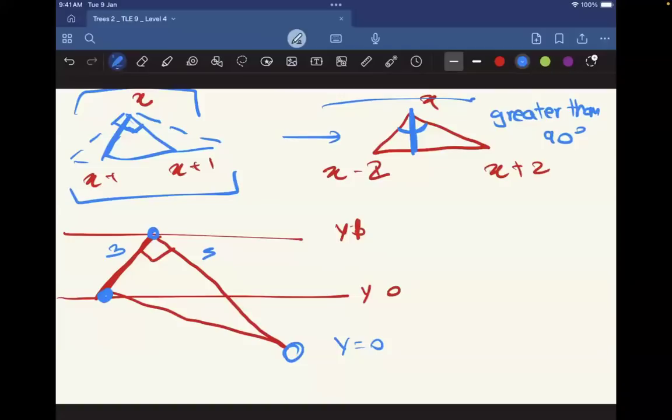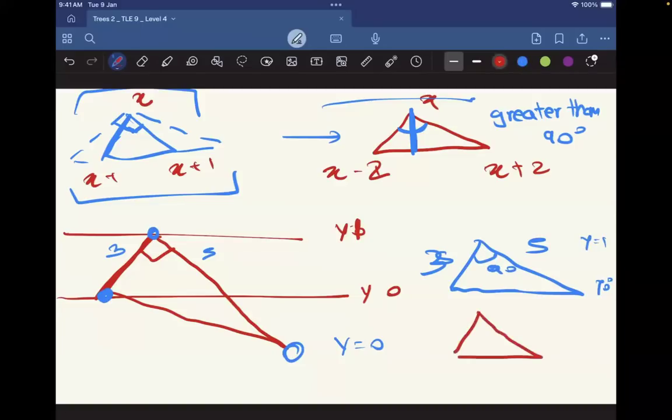Yes? And you might say, why is it not possible? Then it can be something like this, that this is 3, this is 5, and this is 90 degree, and this is y is equal to 1, and this is y is equal to 0. You might be asking this. Now I'll give you another simple proof.